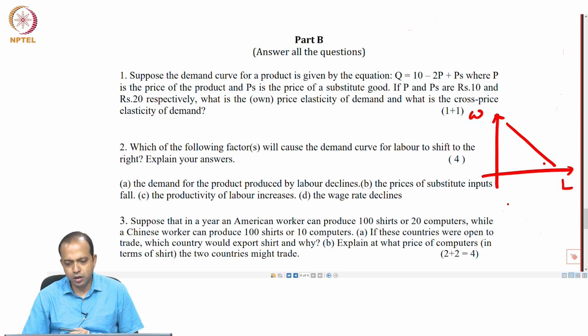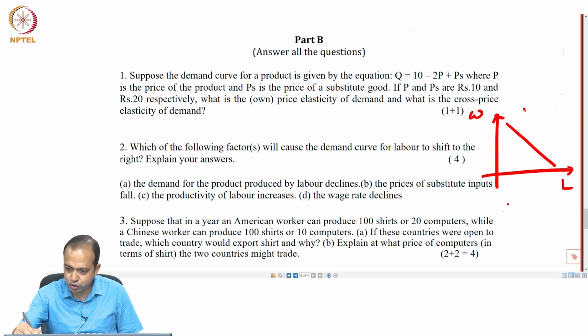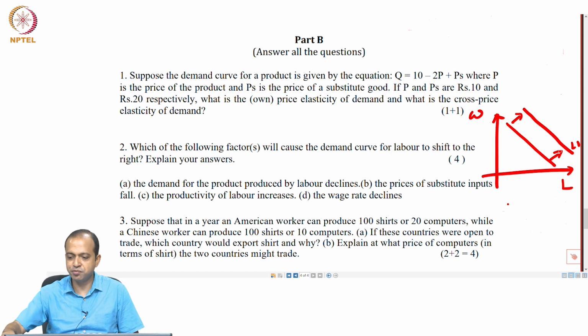So, the question is, which particular factor or factors among the four mentioned here will cause a shift in demand to the right, that means from L0 to L1, a rightward shift in the demand curve.